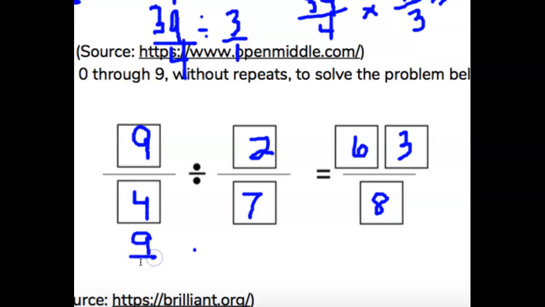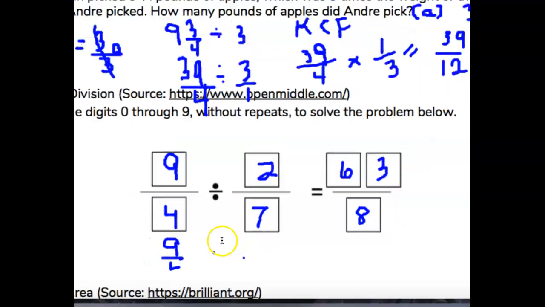Keep the first. Change division to multiplication, and then you're going to flip.